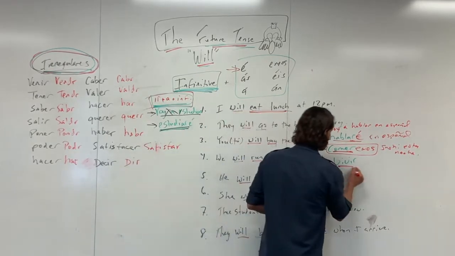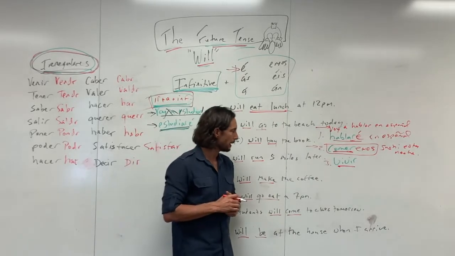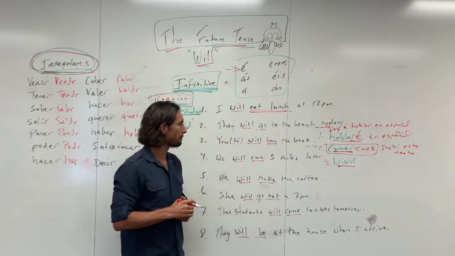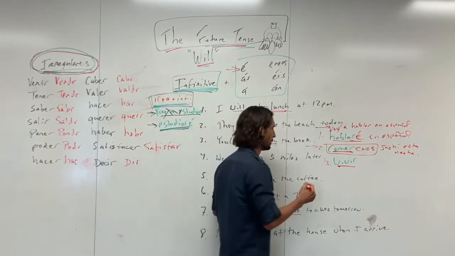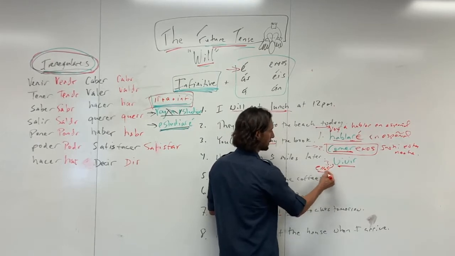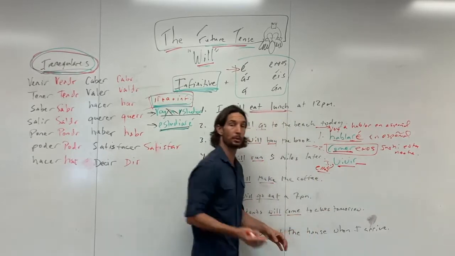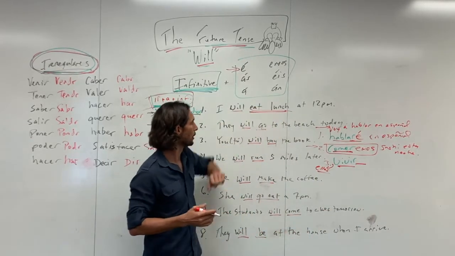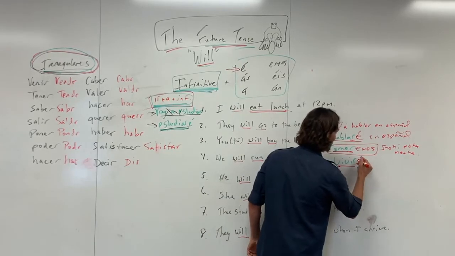And so vivir, right, is to live. So let's say they will live in Miami next year, for example. Instead of writing, we'll just put ellos here, right? So hopefully you can see that. So they, and then we need third person plural because it's ellos. So it's vivirán, right? Let's spell that correctly.